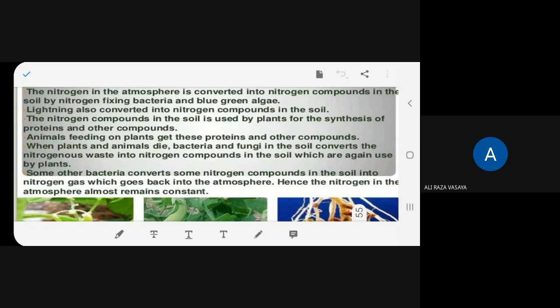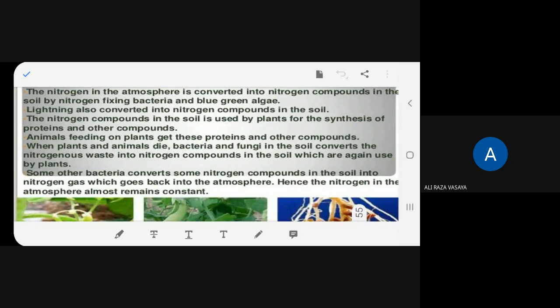Okay. Now there are other bacteria in the soil which have the capacity of converting these nitrogen compounds in the soil. And what are they doing? They are converting the nitrogen compounds from the dead bodies, what I'm talking about, into nitrogen gas.